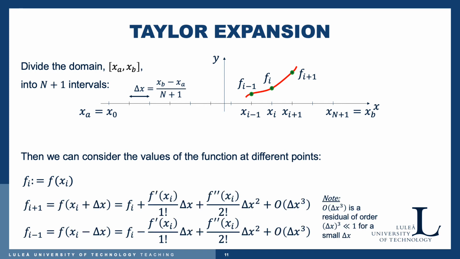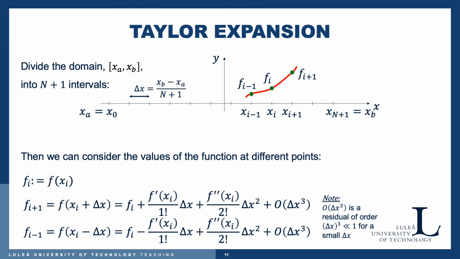Now, Taylor expansion can give us expressions for the values of f_{i+1} and f_{i-1}, as they are just the function f evaluated at x_i ± Δx. And these are the Taylor expansions for those two points.